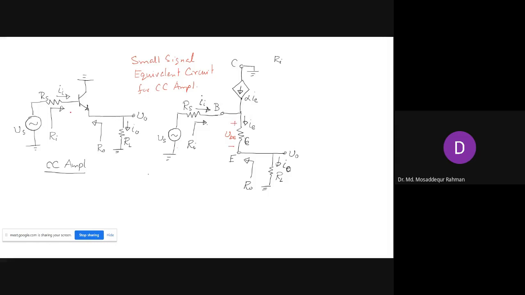If VBE is small enough, then we can use this model. If the signal is large, then this model will fail. How small does the signal have to be for these models to be valid? What should be the maximum value of VBE for these models to be valid?